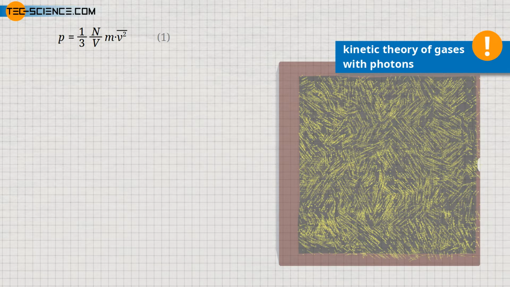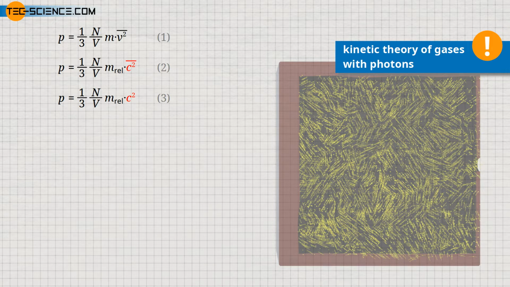For photons, the speed of the particles corresponds to the speed of light c, and the particle mass m must be considered as the relativistic mass. At this point it is not necessary to differentiate between the mean value of the speed squares and the speed square itself, since in this case there is no classical speed distribution, but all photons are traveling with the same speed of light. Both values are therefore identical.